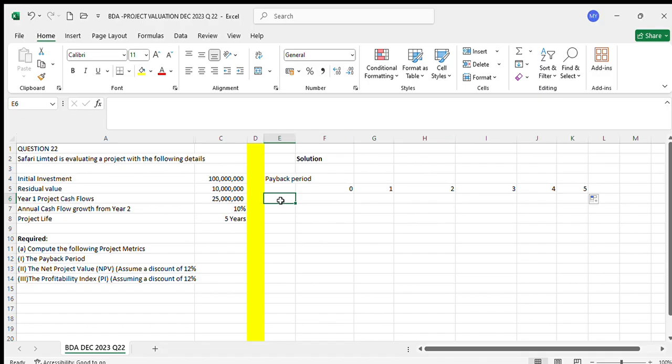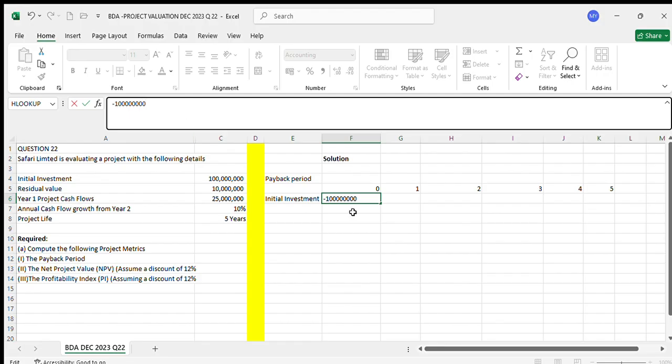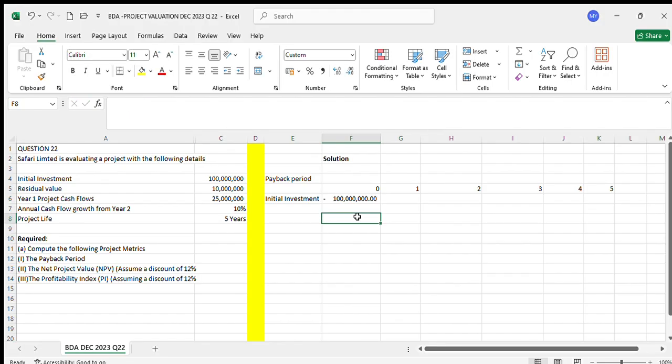So year 0, we made an initial investment of 100 million. So that's negative. Let's see how much is that. Yes, so 100 million. You can't remove the decimals.